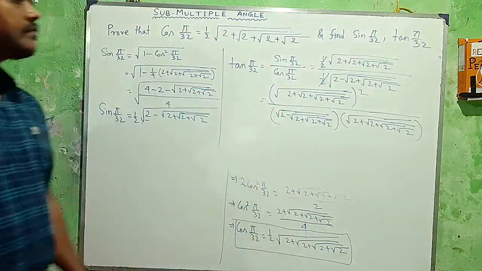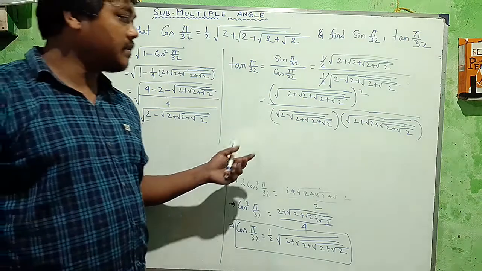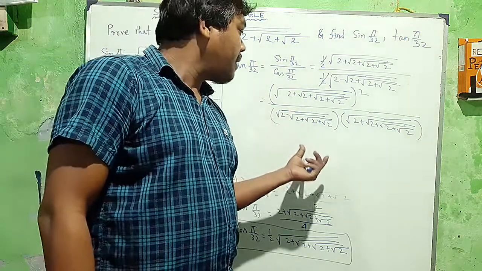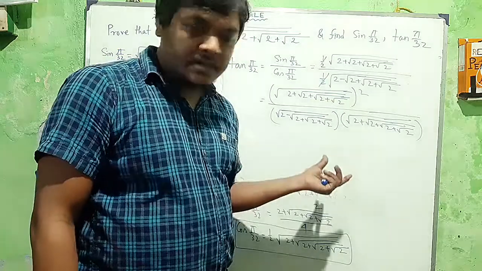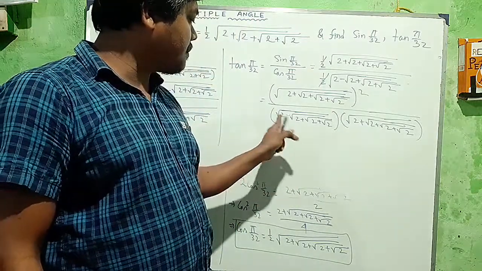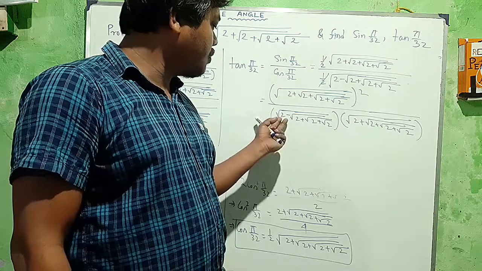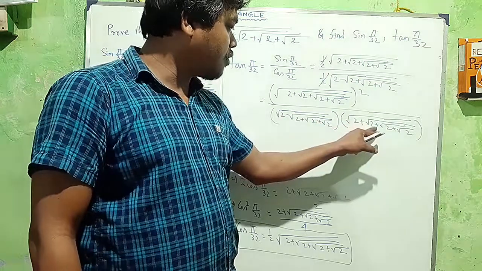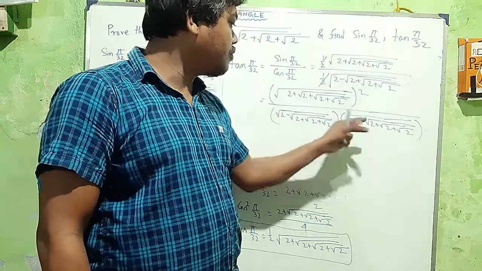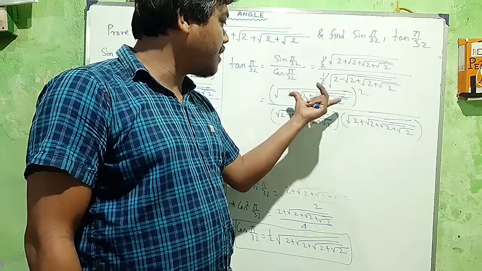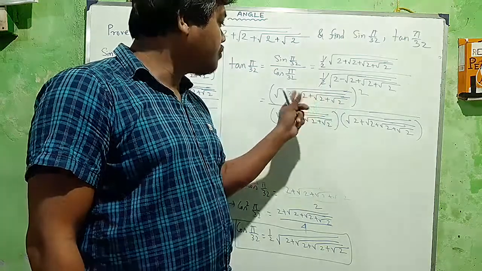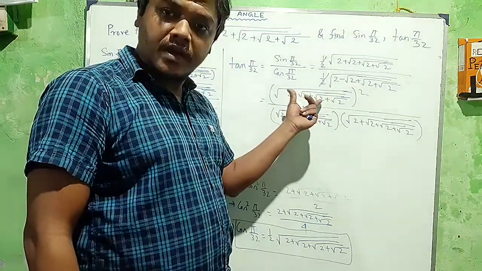Okay. That means I have done rationalization here. So I have multiplied root 2 plus root 2 plus root 2, numerator and denominator. That's why I have written whole square, because the same term is repeated in the numerator.